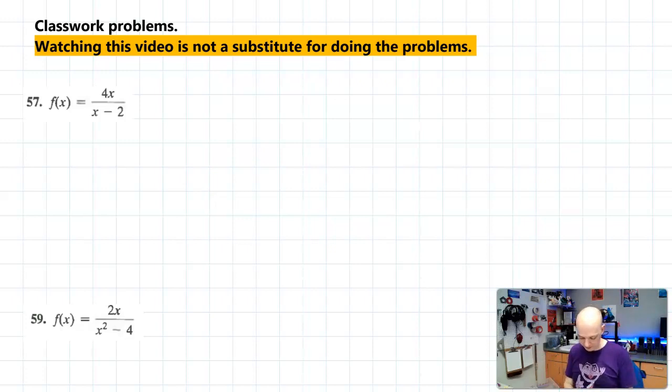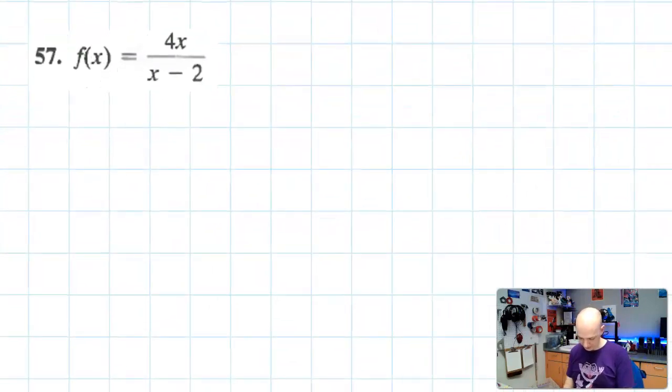All right, let's get right into it with problem 57. So I'm going to start going pretty quickly here. I see there are no holes because there are no terms that cancel. Everything's already factored. I know that the horizontal asymptote, since they're equal degrees, is going to be at y equals 1.